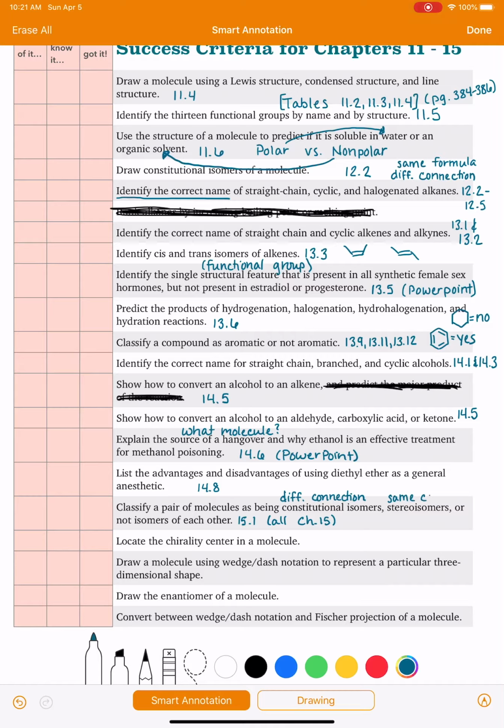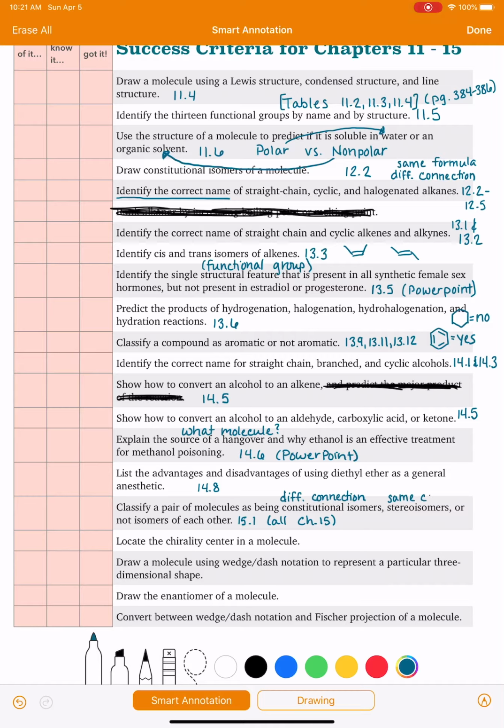Drawing an enantiomer, again, you're not going to draw anything. So this would be for you more like recognizing an enantiomer. Drawing 3-dimensional shape, that's also in 15.3. Drawing an enantiomer, we did it a little bit in 15.3 and also in 15.6.